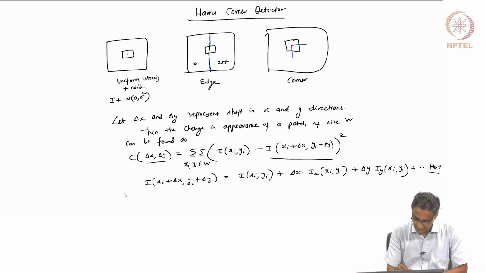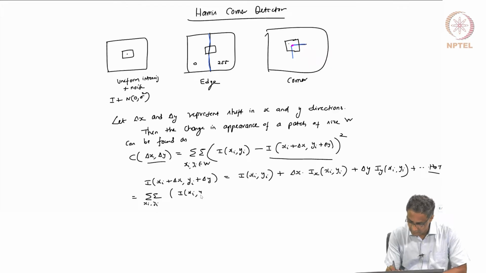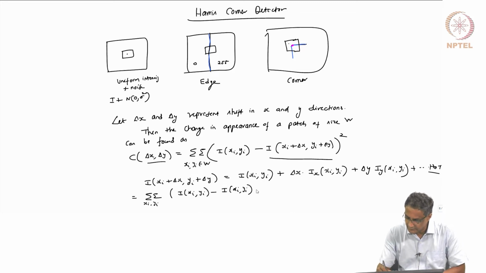Then we can push that in here, and we will get summation of I of xi, yi minus I of xi, yi minus delta x Ix of xi, yi minus delta y Iy of xi, yi. If we ignore those terms, then this is all that we are left with.